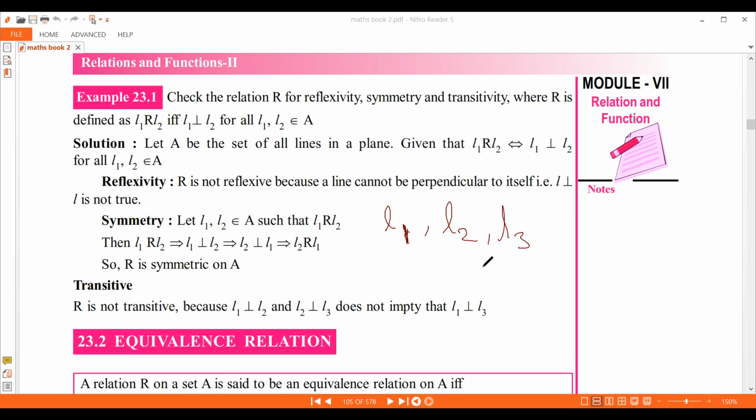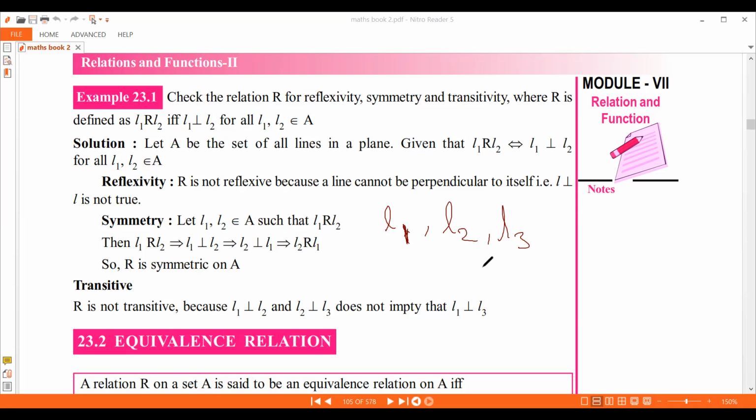You can take as many lines as you want. You can take L3. No problem. Then I wanted to check this. Where do you find a doublet? L1 cannot be perpendicular to L1.